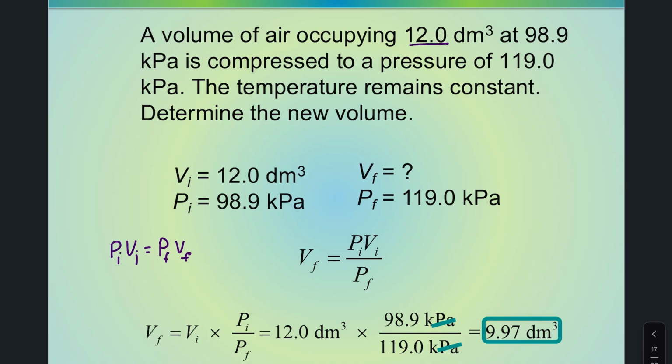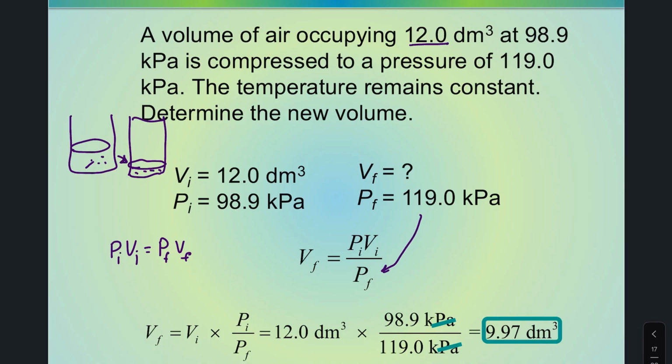And then we do a compression. If we have a piston in a container with gas in it, we're going to do a compression in the next step where we have much less space for our gas, and we'll compress it down. So the volume changes, and we want to know what that new volume is, because we do know what the new pressure is already. PF is our final pressure, and that is going to be 119.